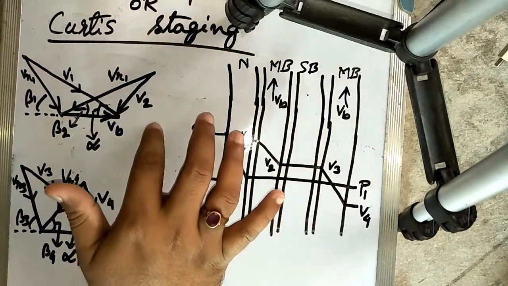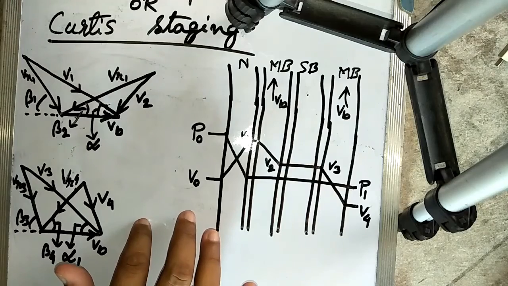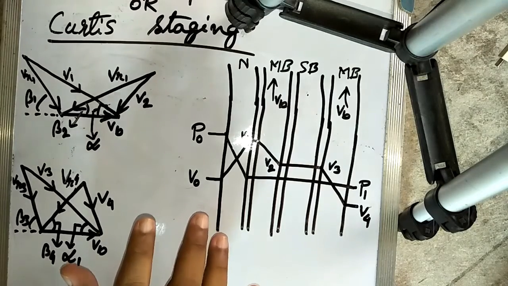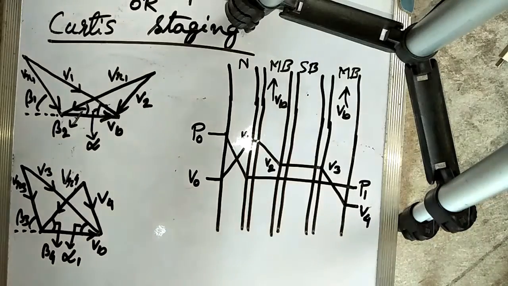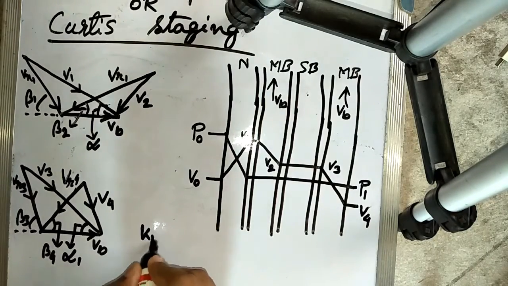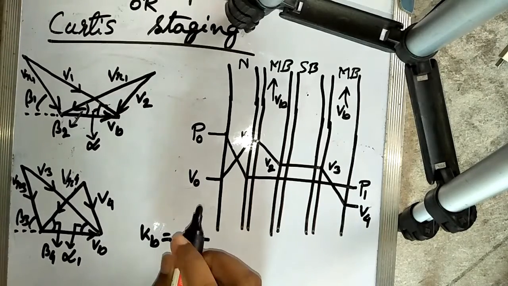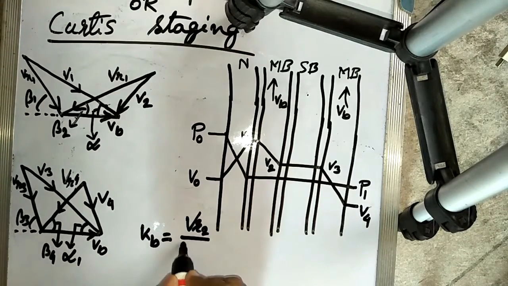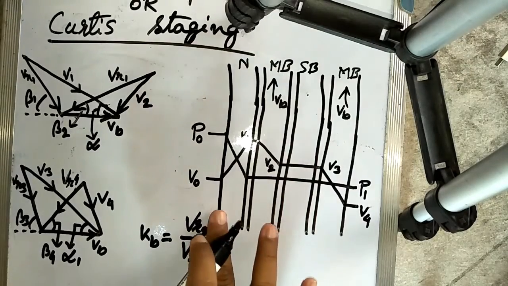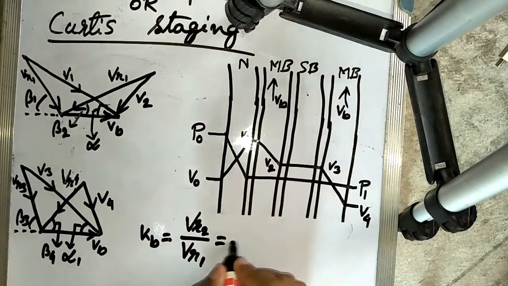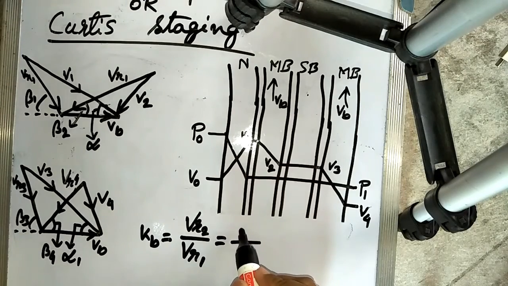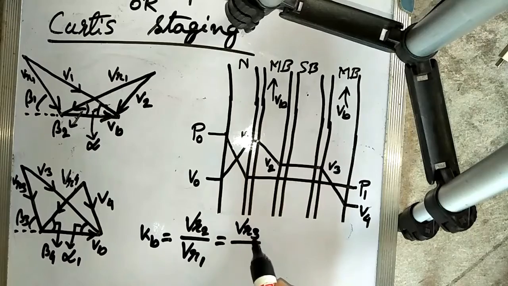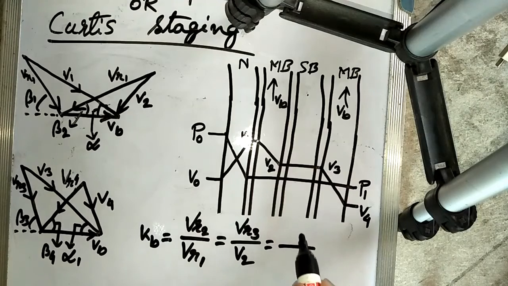These are the first row of moving blade, this one is the second row of moving blades, and the blade friction factor, that is kb, the value of kb is equal to VR2 by VR1, and once again equal to VR3 by V2, and equal to VR4 by VR3.